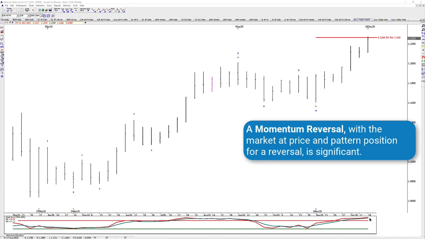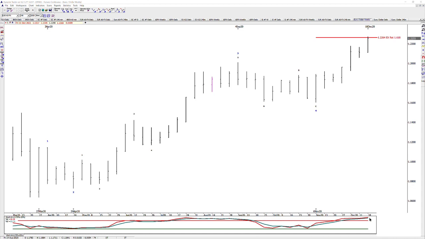If the price and pattern position is such that it's completing a trend or counter trend, then that reversal could be a really important confirming signal that that trend is complete, and a signal that would be much earlier than waiting for the stochastic to decline below the overbought area, which it eventually will if it's making that top. But by the time it does that, the market's potentially quite a ways away from the reversal area.